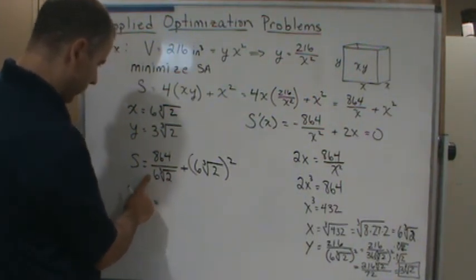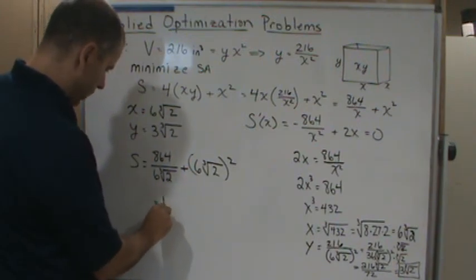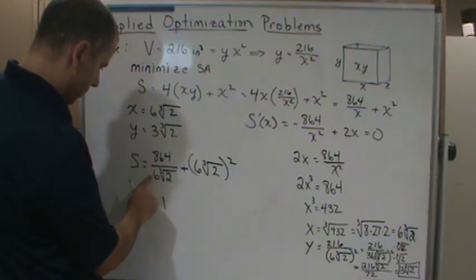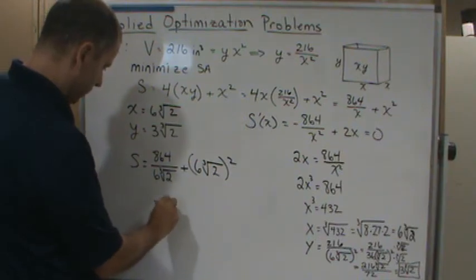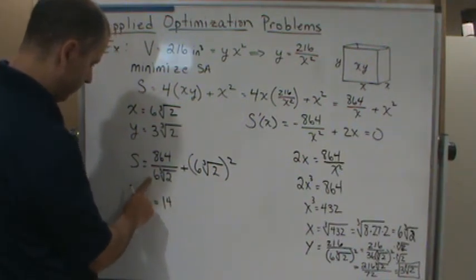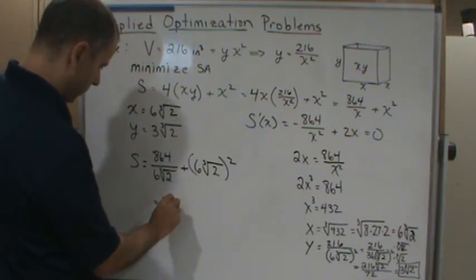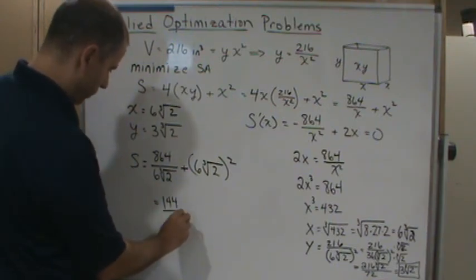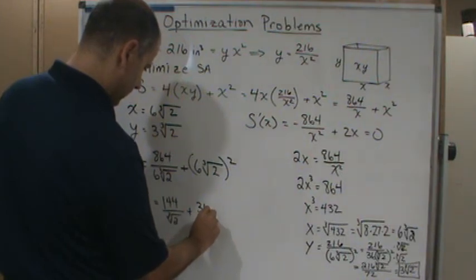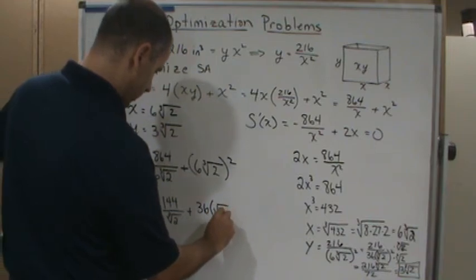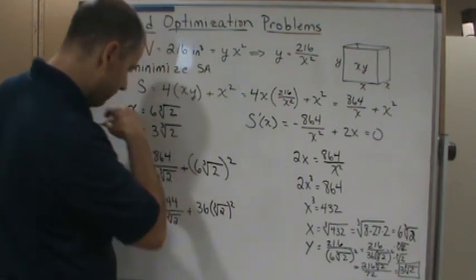So this is going to go into 864 144 times, so it's 144 over the cube root of 2. And this is going to be plus 36 over the cube root of 2 squared.